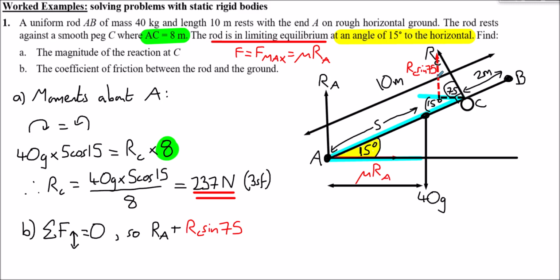They must be equal and opposite to the forces or components of forces acting vertically down, which in this case we can see is 40G, the weight of the rod itself. So therefore, the reaction at A is going to be 40G minus RC sine 75.